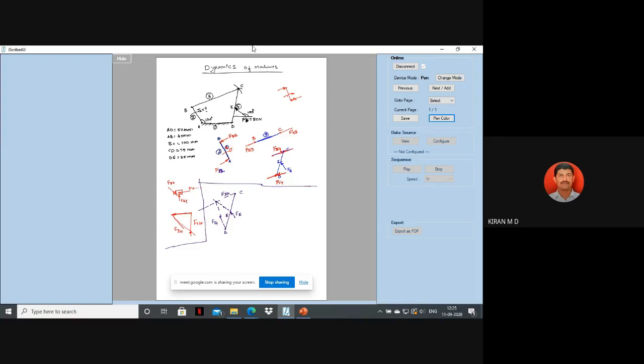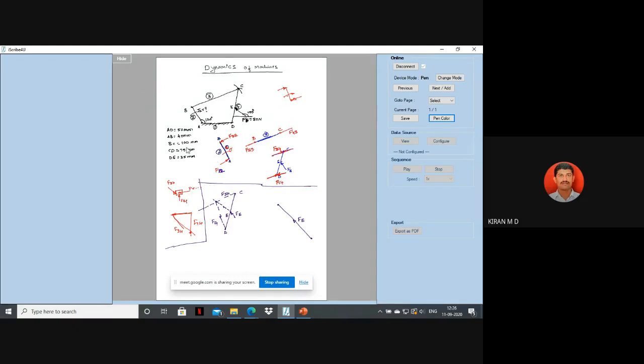So I will draw the line. This is FE. After that, we know the direction of F34. Draw the line in the same direction, but we don't know the magnitude.